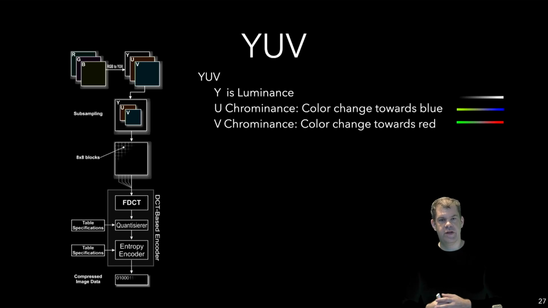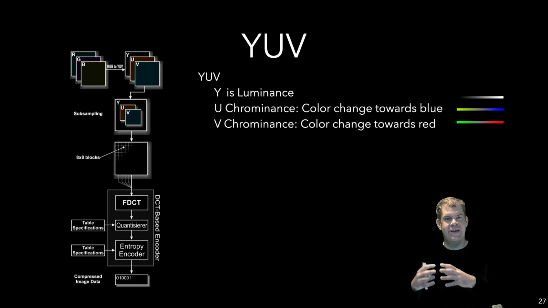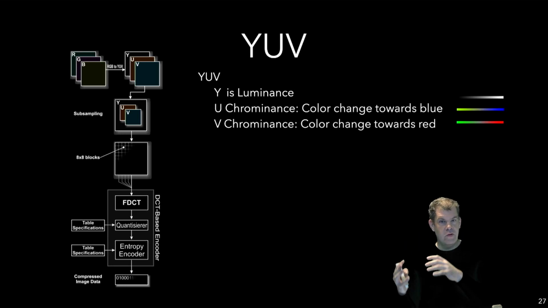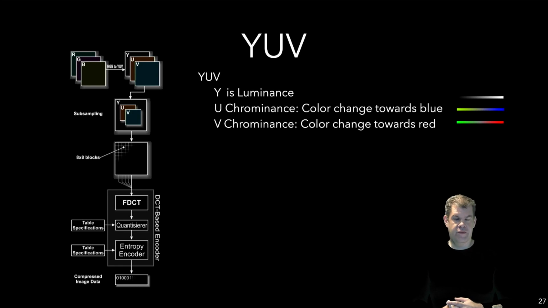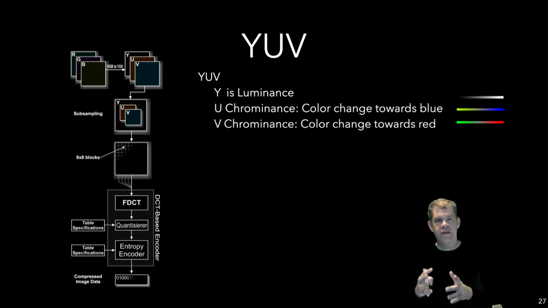If you're interested in color formats, you might want to review the color stream in computer graphics. But the basic idea of YUV is to separate the brightness or luminance information from the rest, called the chrominance information. It doesn't matter that much technically how you do this.